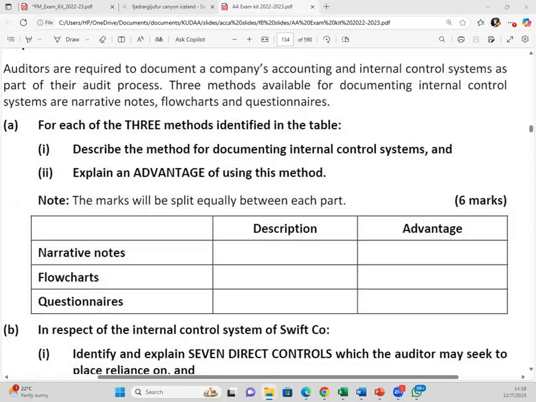Where is that document? Okay, this is the document we have been using. Let me share the document.